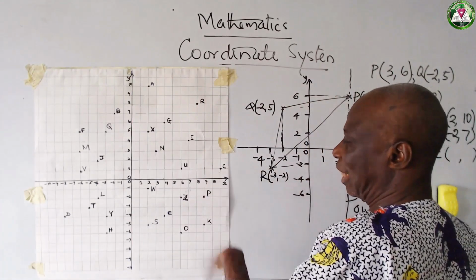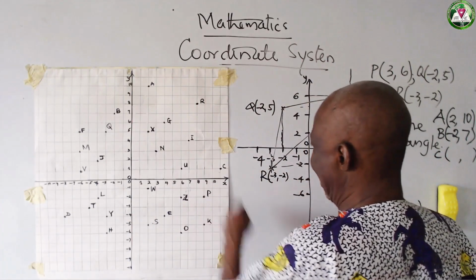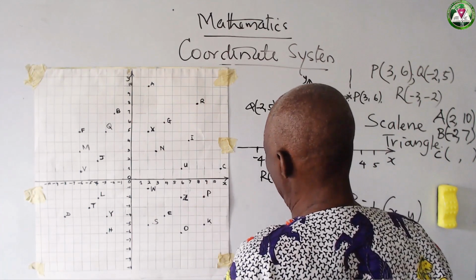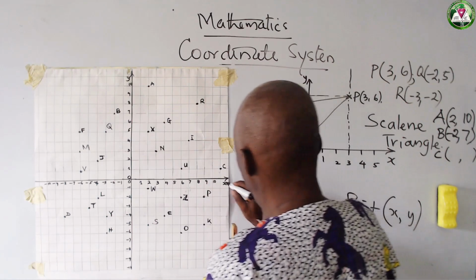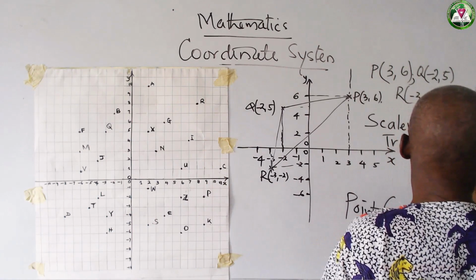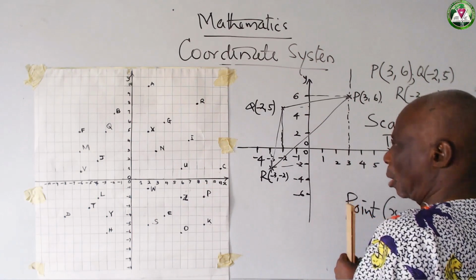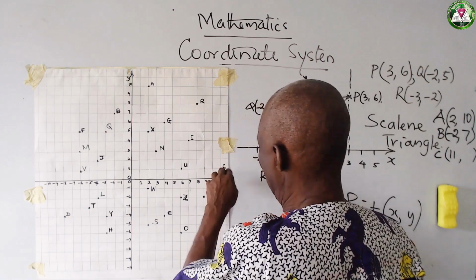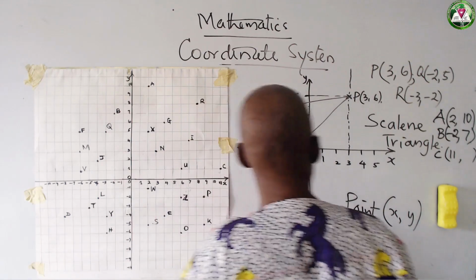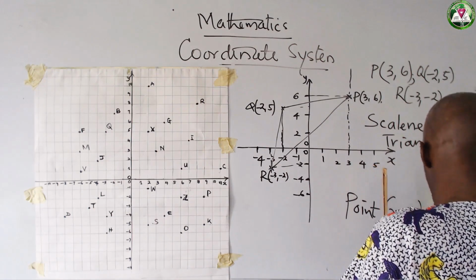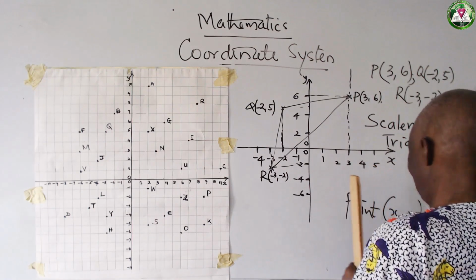I will go down because the X-axis is below it. Okay, I go down. So, coming there, that particular place is 11 for X. Okay, if it is 11 for X, then follow it and go to the y-axis. What is it? 1. So the coordinates there are 11, 1.